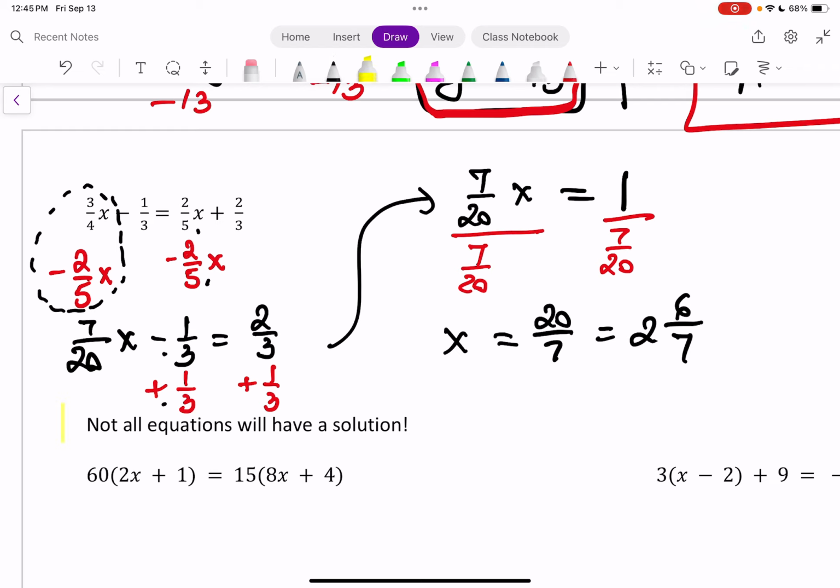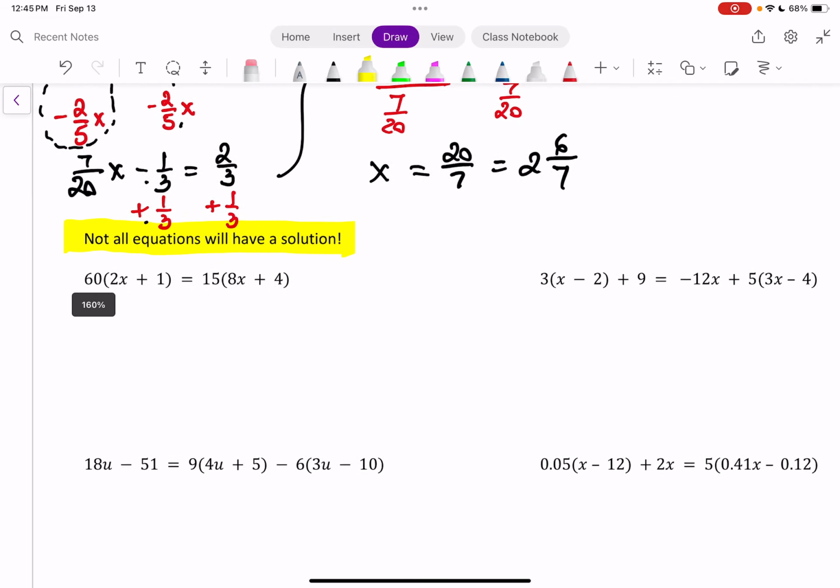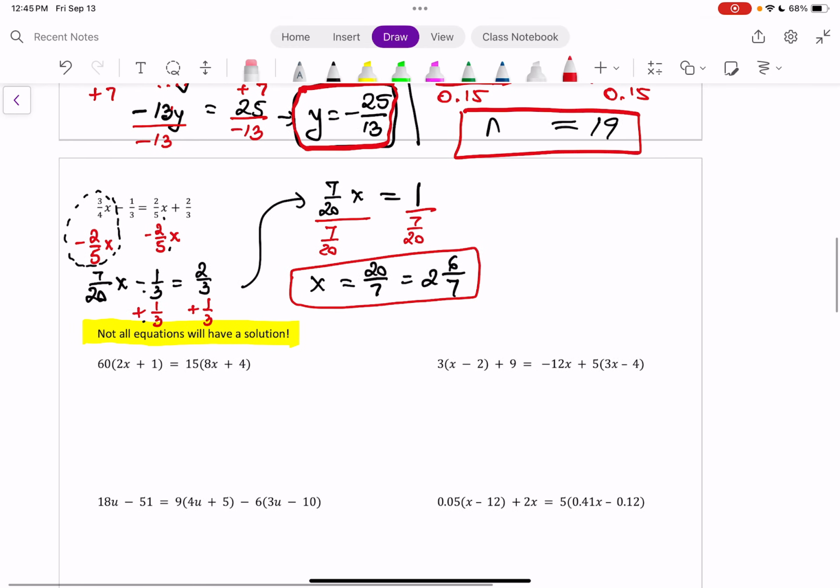All right, let's keep on solving equations. So, right here it says not all equations will have a solution. If you see, all of these problems we have done had one answer only. So let me write this down.